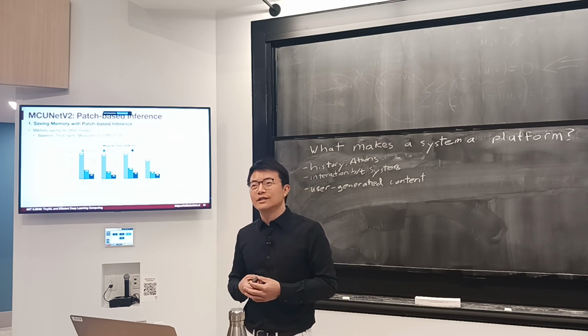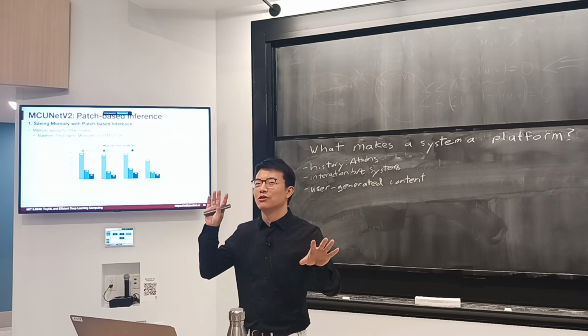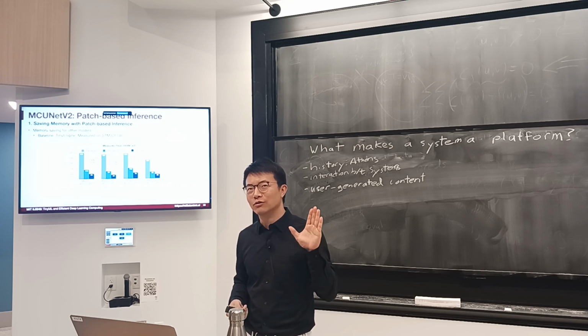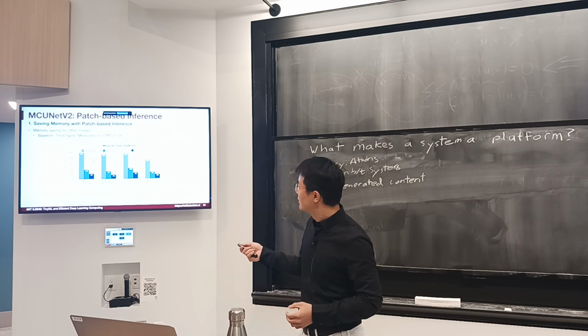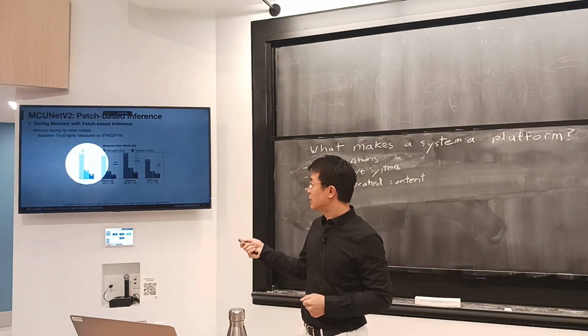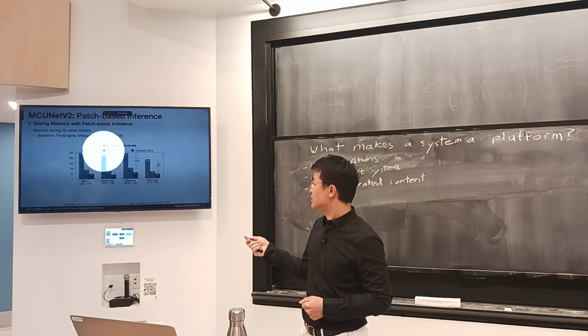And now let's see the theoretical 4x saving for 2x2 patch and the 9 times saving for 3x3 patch. What is the actual achieved saving? The highest bar corresponds to per-layer inference, 300 kilobytes in this case.